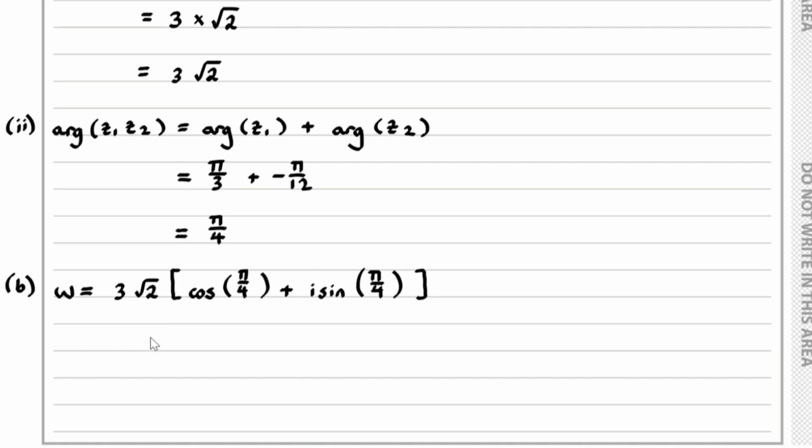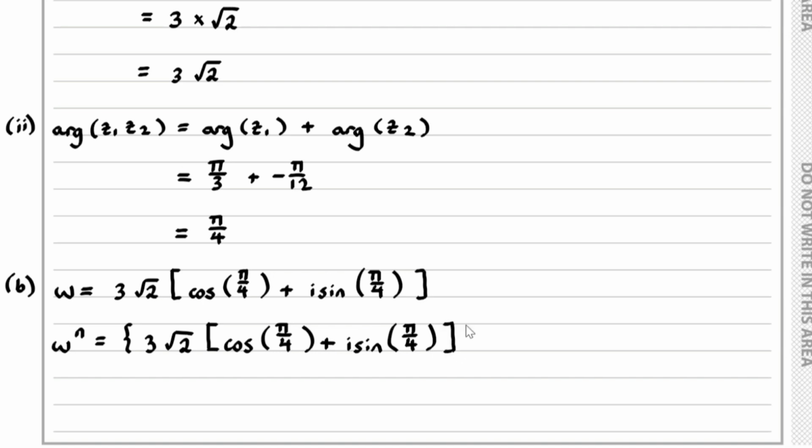And so w to the power of n, that's equal to 3 root 2 multiplied by cos of pi over 4 plus i sine of pi over 4, all raised to the power of n.